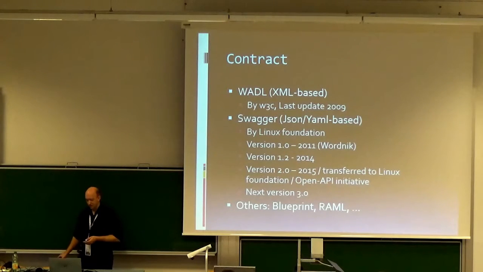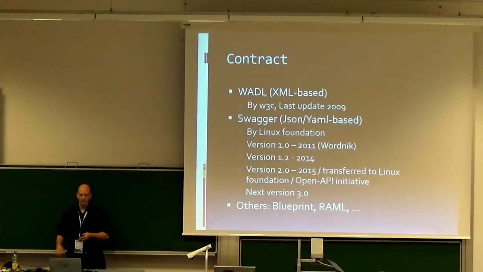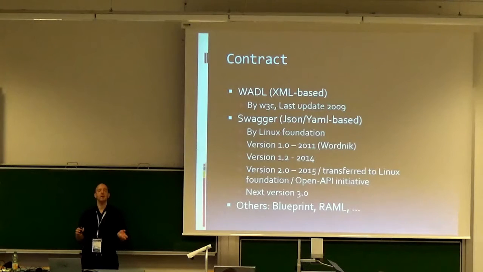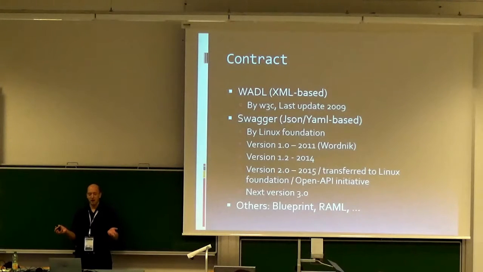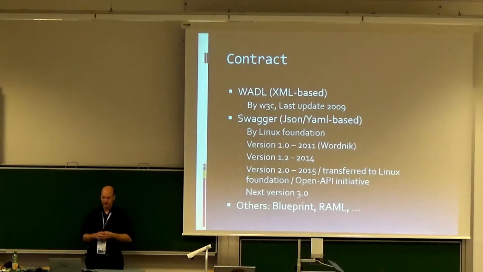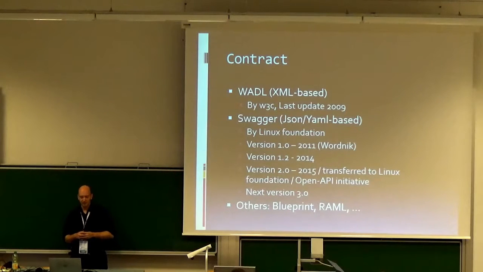So let's start with the contract. So we have the WSDL, the XML-based contract, which has come into its years. It has been published by the W3C in 2009. And we have the new citizen for the specification languages, Swagger, JSON or YAML based.